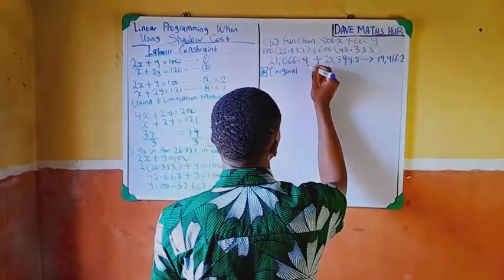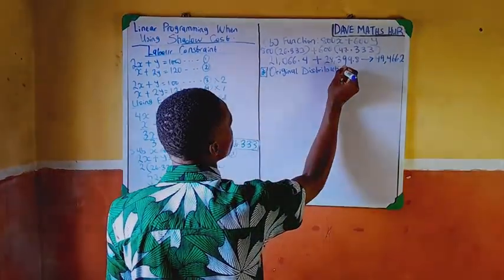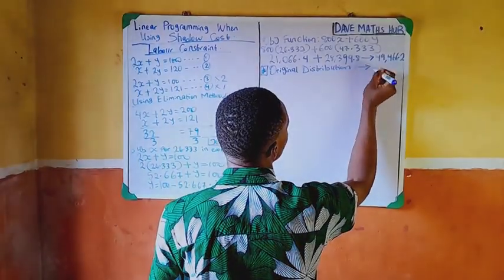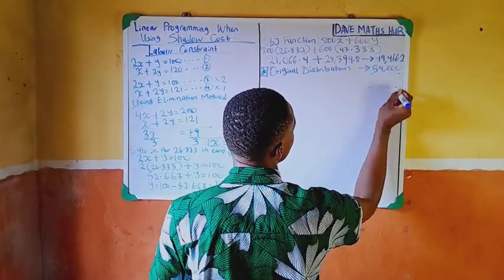when we did our normal maximization. Remember, we got 54,000, and we will look at the difference.